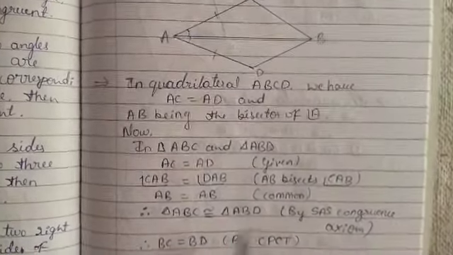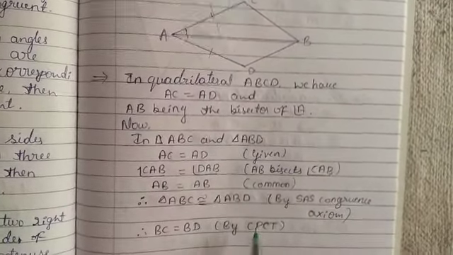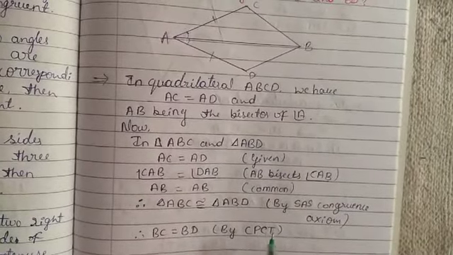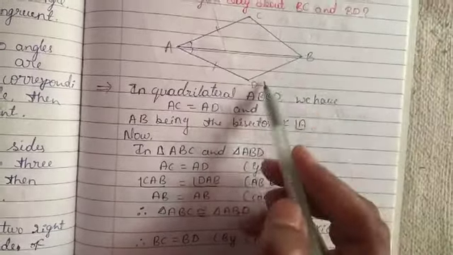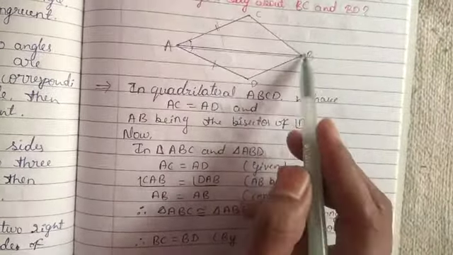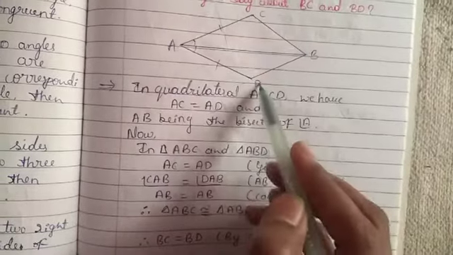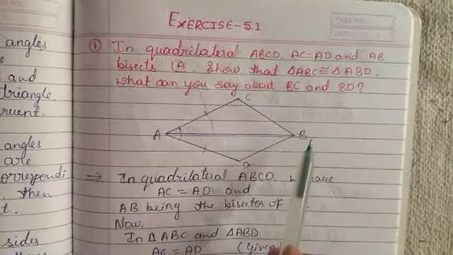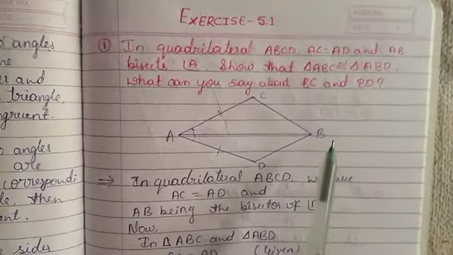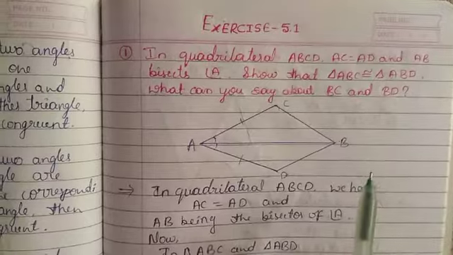So, by CPCT, meaning corresponding parts of congruent triangles, the remaining part is also equal, which one? BC is equal to BD. Okay, understood how to solve this? Okay, the remaining questions are also the same, in this way only. Solve them on your own.